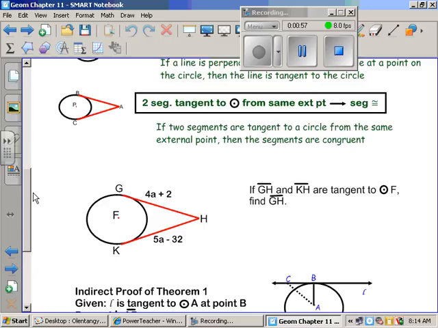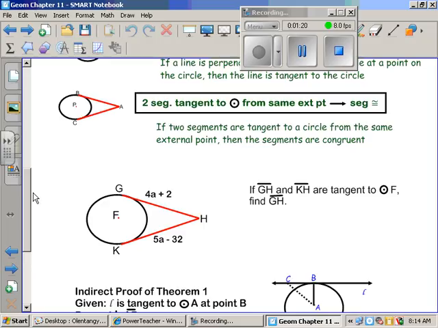So I take a point anywhere outside the circle and draw two tangent lines to that circle. The distance from that point to the point of tangency on both of them is equal. Okay? So obviously that lends itself to solving equations.